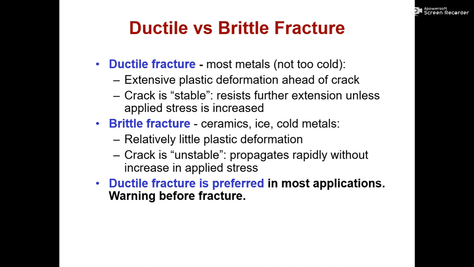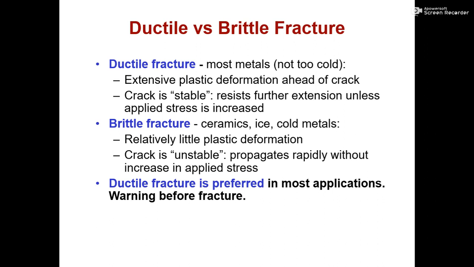Most materials are not too cold, so there is extensive plastic deformation ahead of a crack. That is, before the failure, it undergoes extensive plastic deformation. The crack is a stable one which resists further extension unless some external stress is applied.